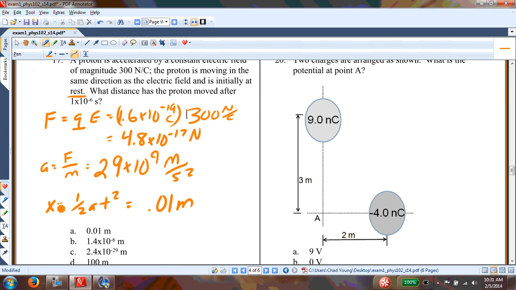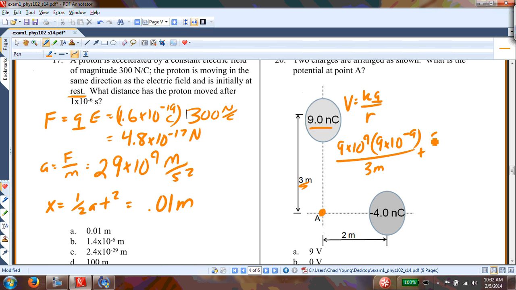Two charges are shown. What is the potential at point A at this point? So I find my potential, which is going to be the sum of KQ over R for both. So that's going to be 9 times 10 to the ninth, that's K, times this charge, which is 9 times 10 to the minus 9, divided by R, which is 3 meters, plus 9 times 10 to the ninth, times negative 4 times 10 to the minus 9, divided by the distance, which is 2 meters.